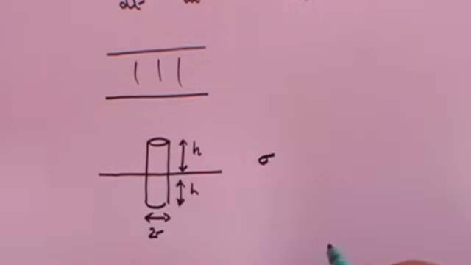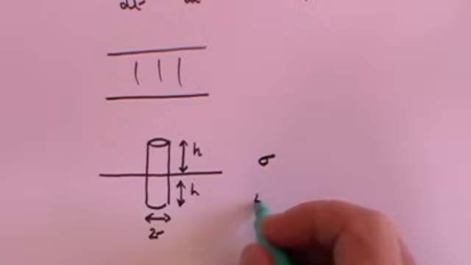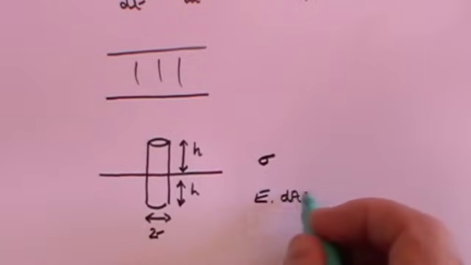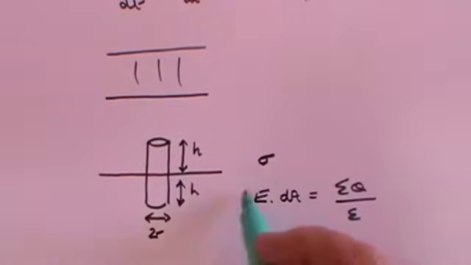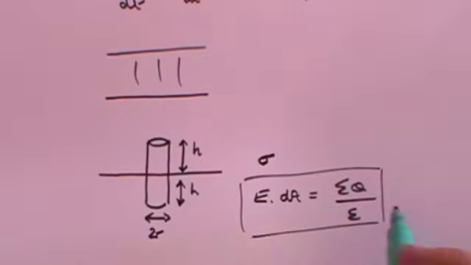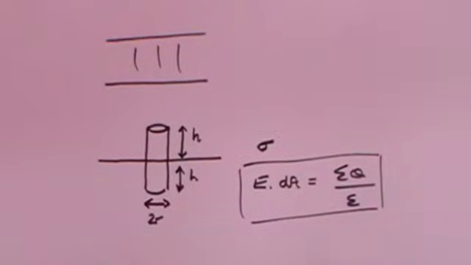And Gauss's law, you'll remember, tells us that the integral of E dot dA is equal to the sum of q over epsilon. That's Gauss's law, the first of Maxwell's equations.